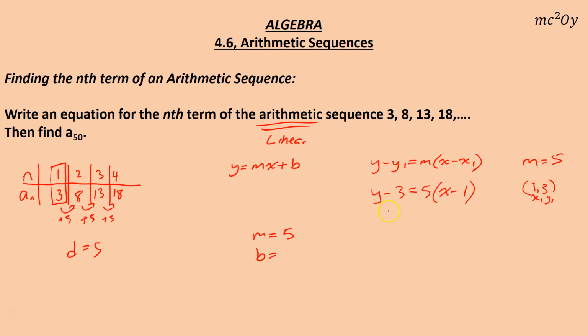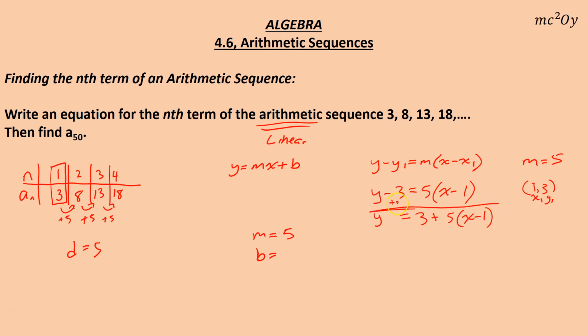Now, the first thing I'd want to do, if I was going to put this in slope-intercept form, is distribute and move that 3 over. So let's say I move that 3 over. y equals, I'd have to add 3 to both sides. I get 3 plus 5 times x minus 1. For those of you who are like, whoa, what did you just do?